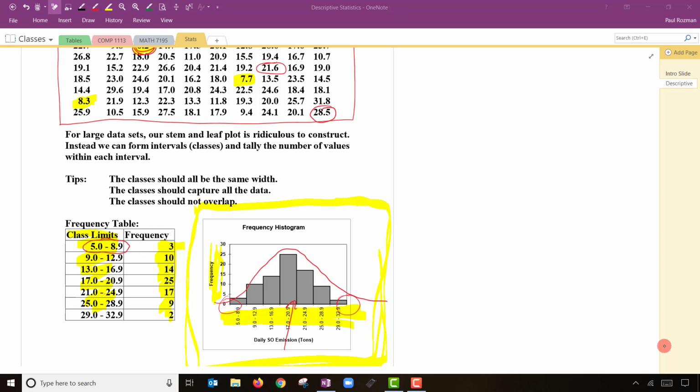So you could take the difference between the highest value and the lowest value, and then divide it by a nice number like 10 or 5 or 7, and that would tell you how wide to make each category. That's a good starting point for that. But really, it's something that's a bit of an art. You play around with the width of the category until you get one that you're satisfied with.